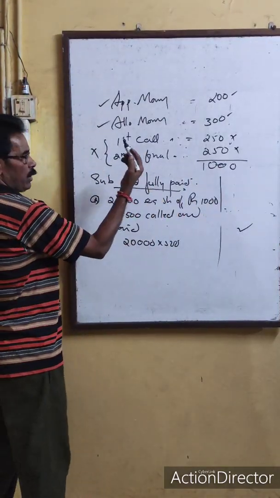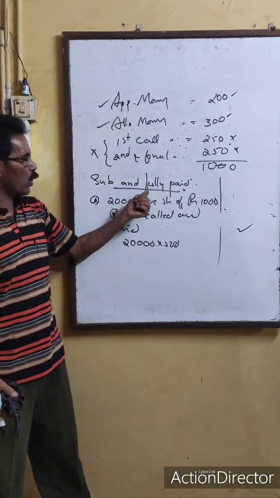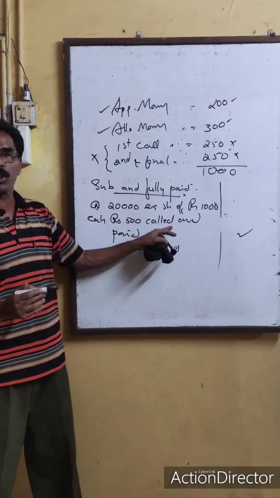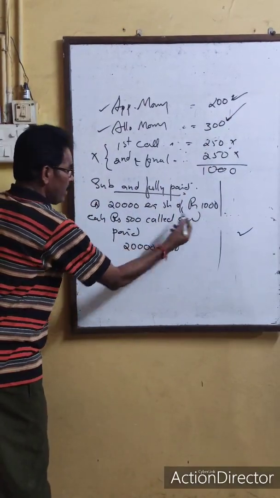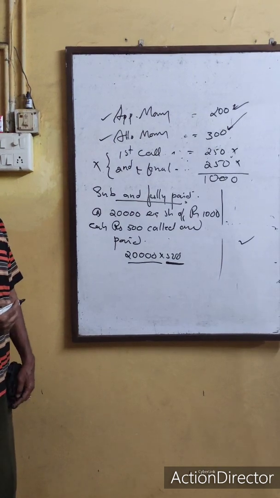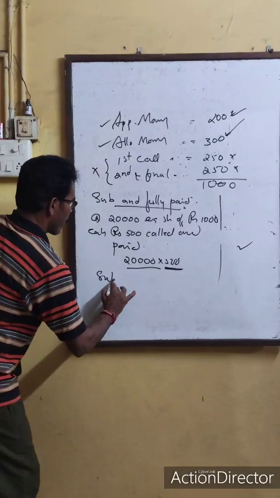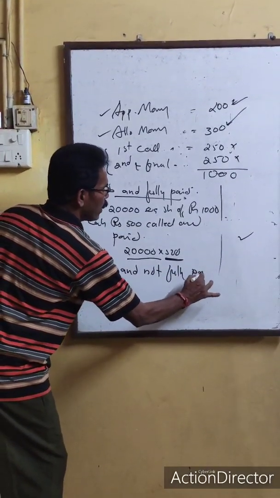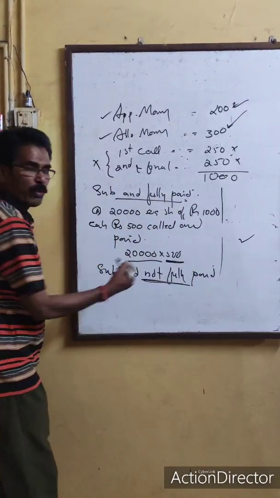And in the second one, if the company collected only the application and allotment, then 20,000 equity shares of 1000 each, rupees 500 called and paid, then 20,000 into the collected 500. Clear for you? Another one is subscribed and not fully paid. Here it is fully paid and here it is not fully paid.